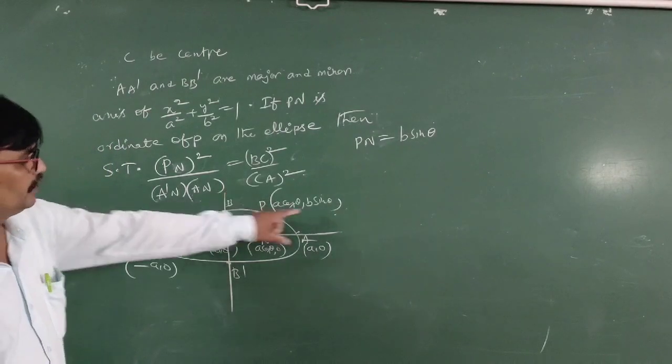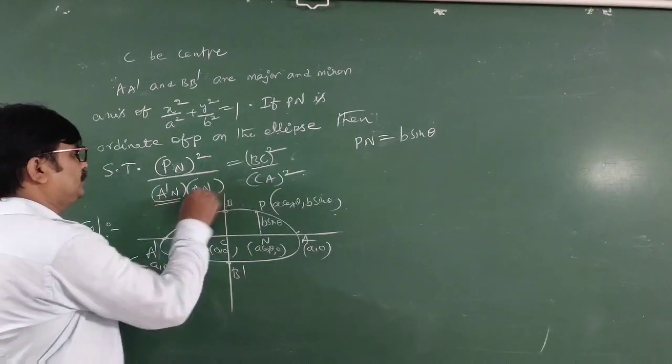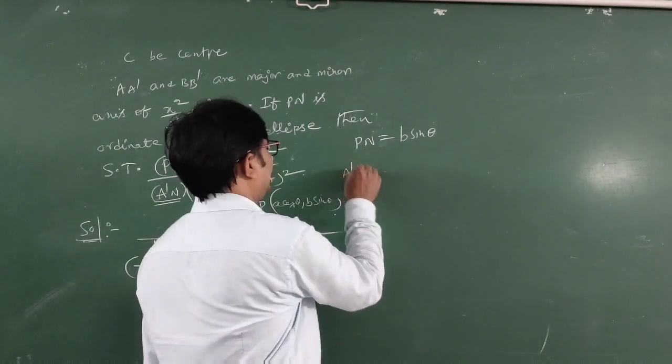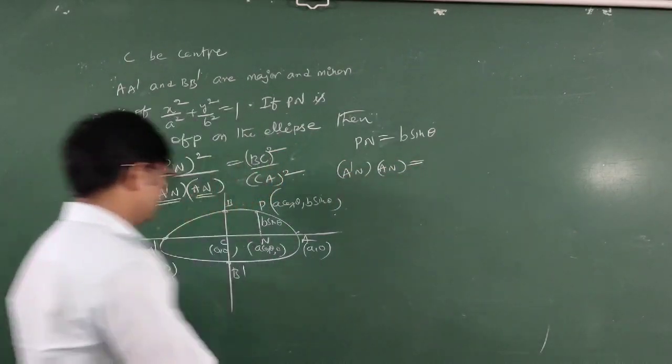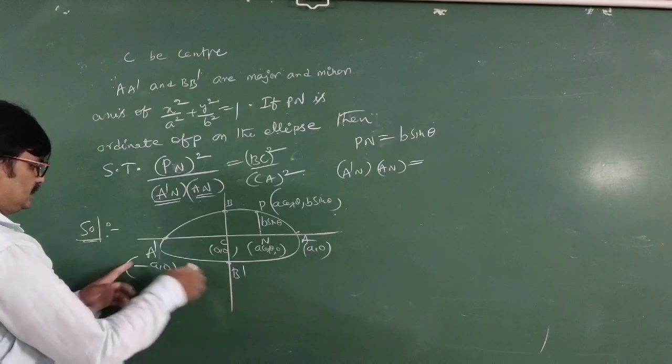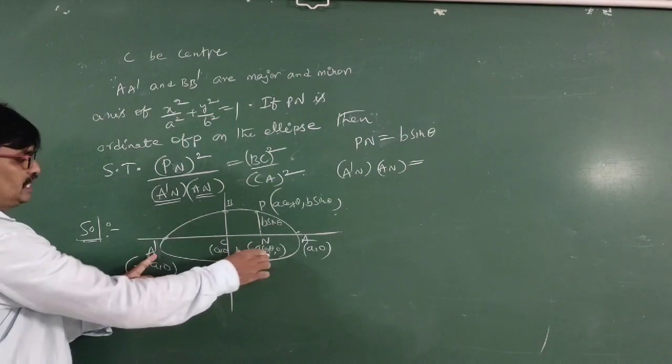Pn is of the length ordinate, that is B sin theta. Now students, A dash n into An. A dash n is Cn plus Ca dash.